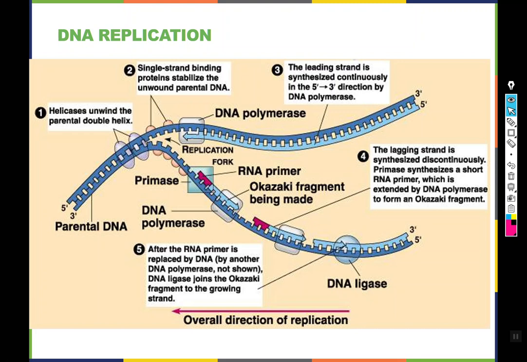Okay, so I mentioned that there's a leading and a lagging strand, meaning that the strands are not synthesized in exactly the same way. The result is the same. The daughter molecules that come out at the end are going to be identical to each other, but because of the 3' and 5' directionality and the antiparallel nature of the strands, they have to be made a little differently. That's because the enzyme that does all of this is called DNA polymerase, and DNA polymerase can only go in one direction.